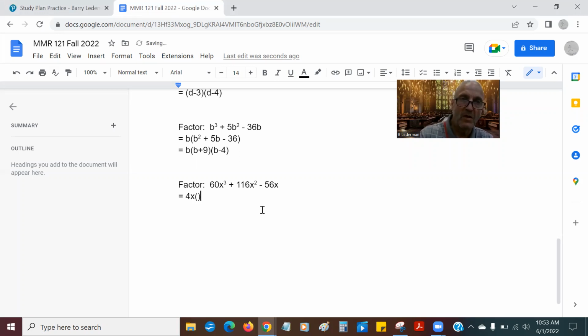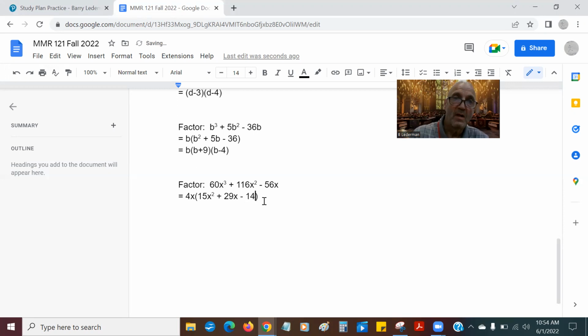And now I'm going to have 15 times x squared plus, let's see, what is 116 divided by 4? That's 29. 29 times plain x. Finally, minus 56 divided by 4, which everyone knows is 14.